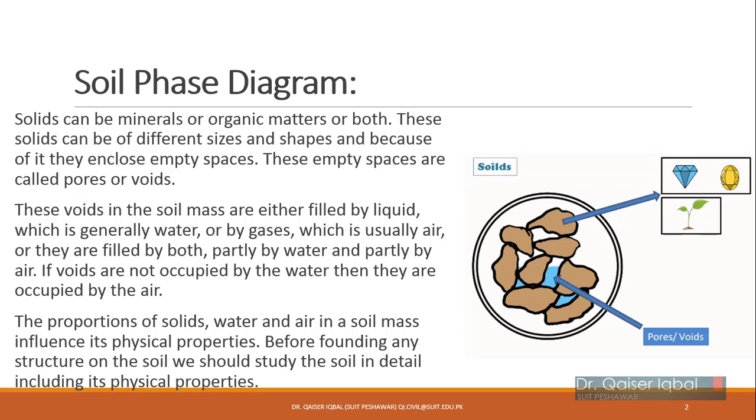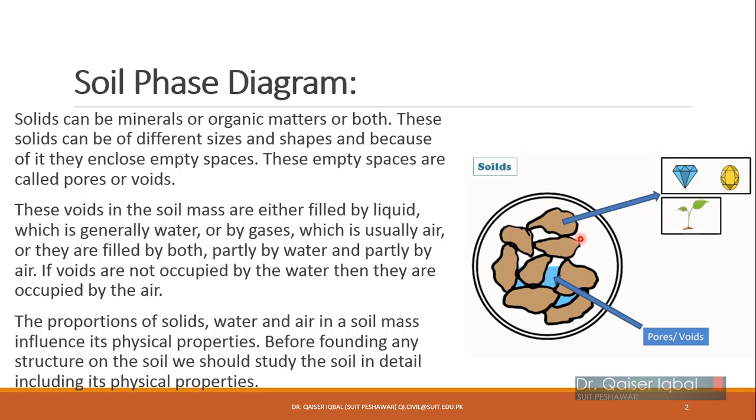Solids in the soil are basically organic matter or the fragmentation of different types of rocks, which we discussed already. So they may be made either of organic matter or weathered pieces of rocks.